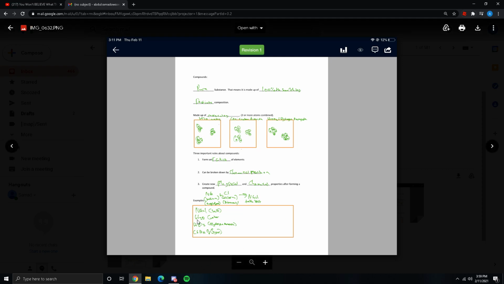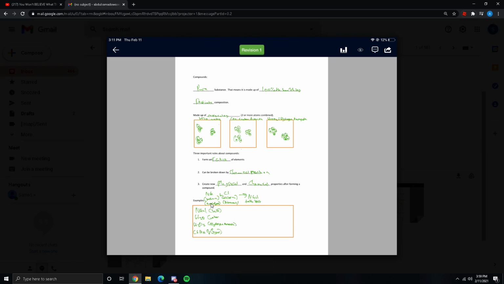These are examples of compounds, like salt.